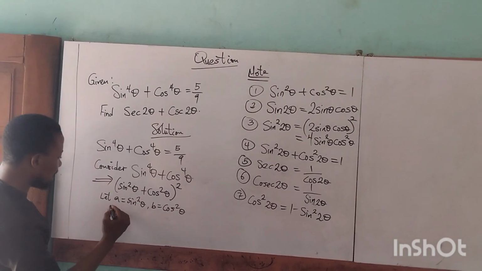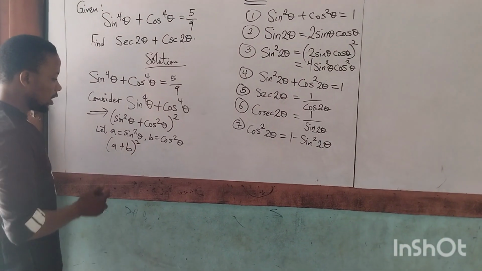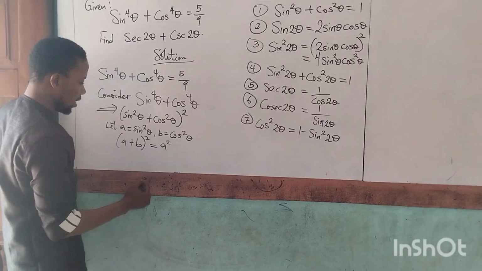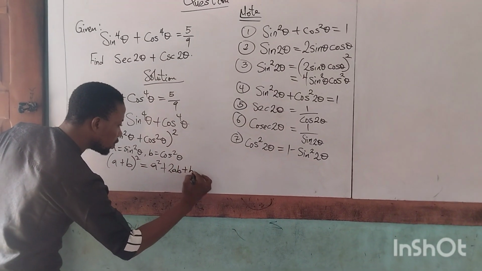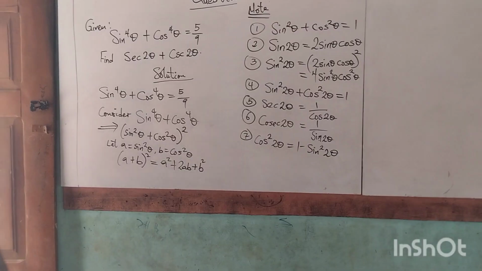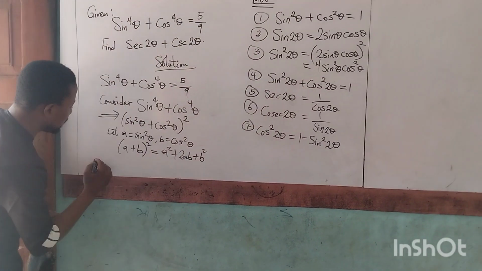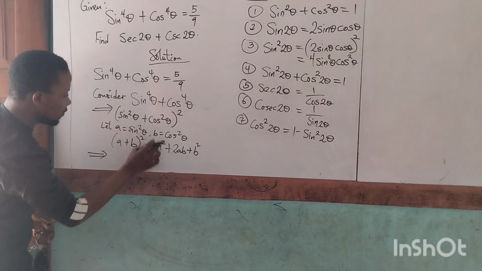So I'm going to have A plus B all square. If I expand this, I'm going to have A square plus 2AB plus B square. So what is my A? What is my B? If I put it back, I have A, which is this.